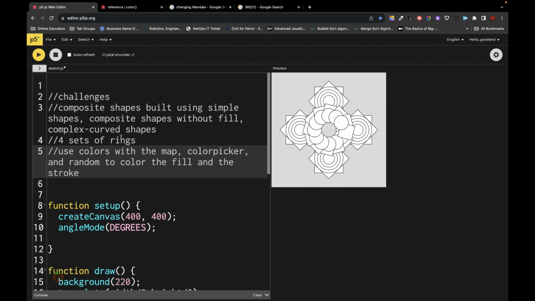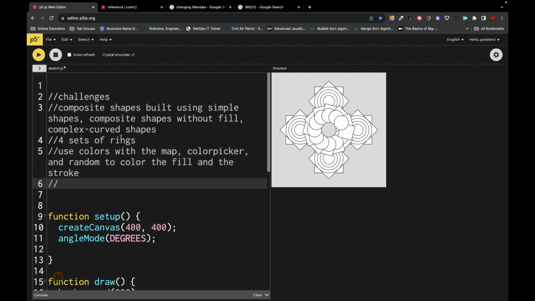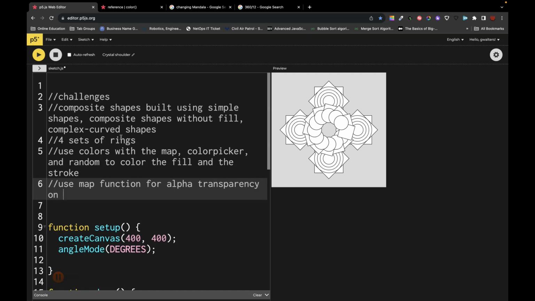And then you're also going to build in the alpha off of the map. Use the map function for alpha, transparency, on almost all of the shapes.